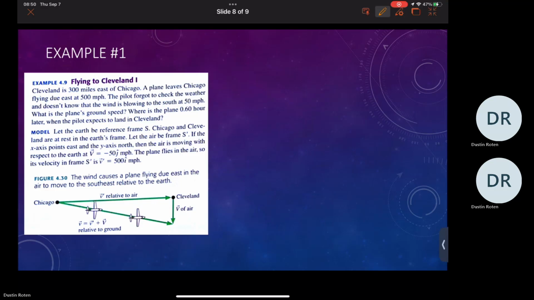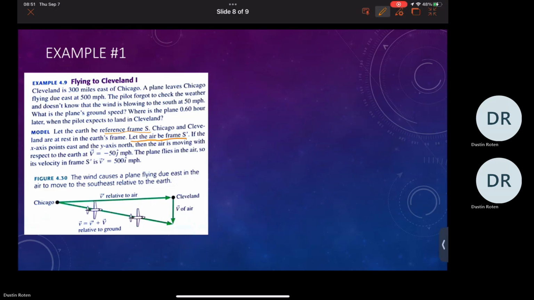Okay, so first step, we always model. So it looks like we're going to let the Earth be reference frame S. And then Chicago, Cleveland are at rest in Earth's reference frame. That totally makes sense. So the air is going to be S prime.